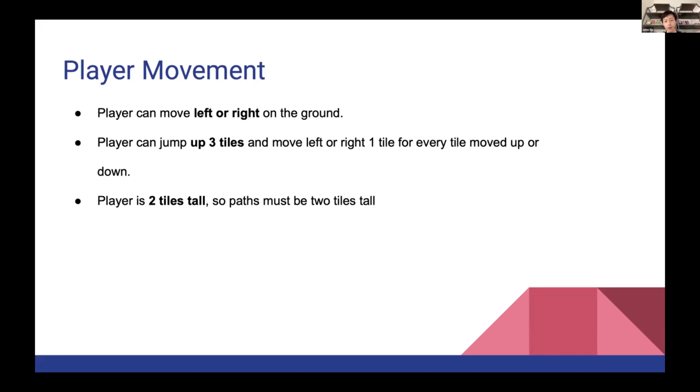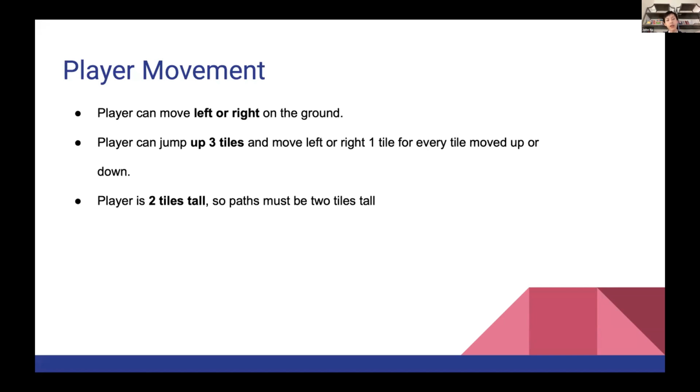Also, the player can move diagonally in the air, right? Because basically the idea is that you're moving left or right in the air. So this is mimicking that, which is a little naive, but it works for the most part. And it also works for falling down and falling diagonally down if you're pressing left or right.